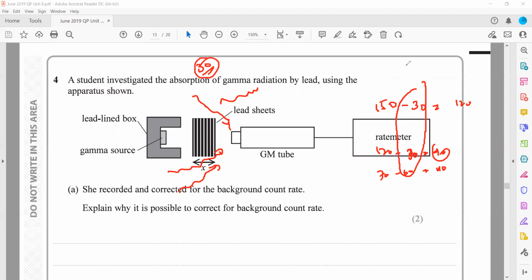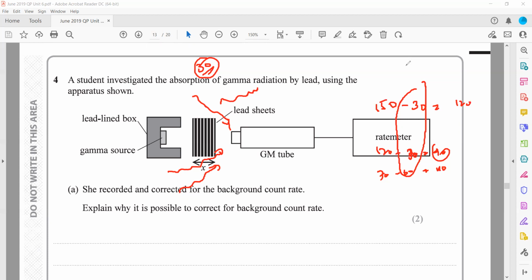So this is a systematic error, and a systematic error arises due to a constraint in the system. To reduce a systematic error, we either have to add a value or subtract the same value. So the question is, why did she record and correct the background count?